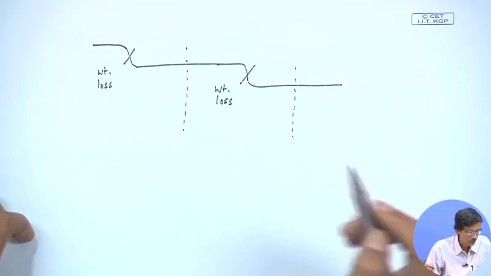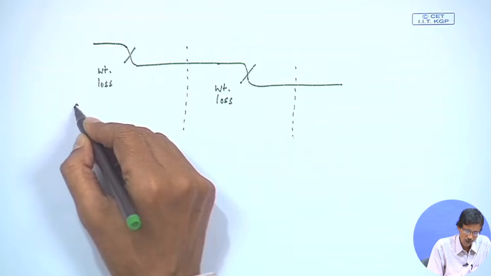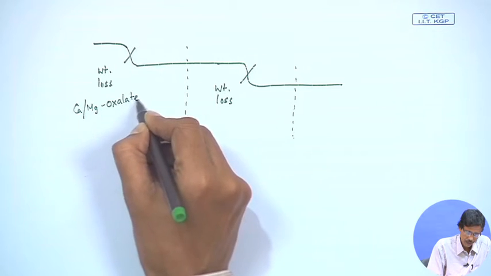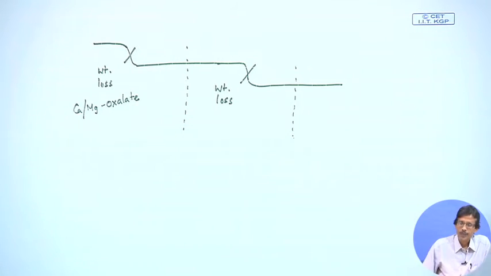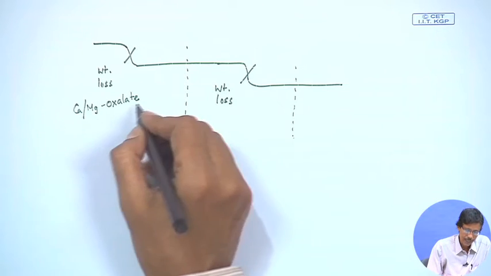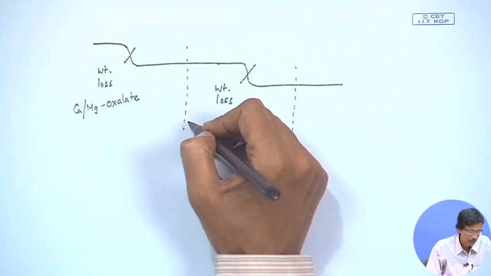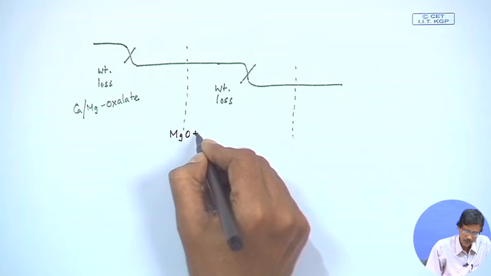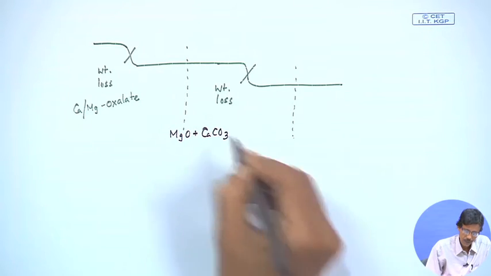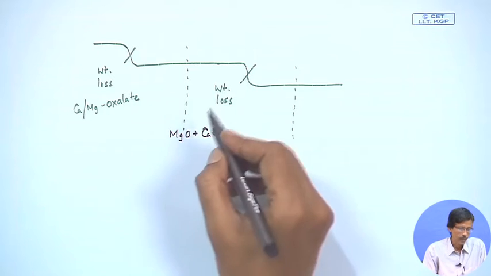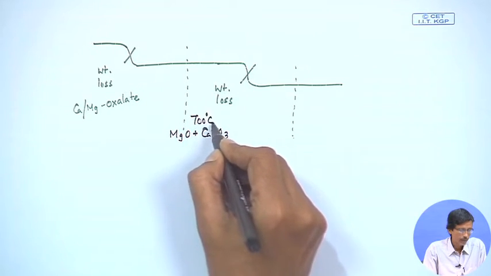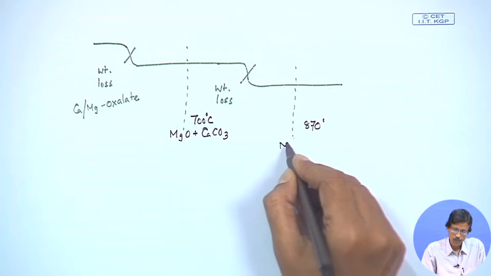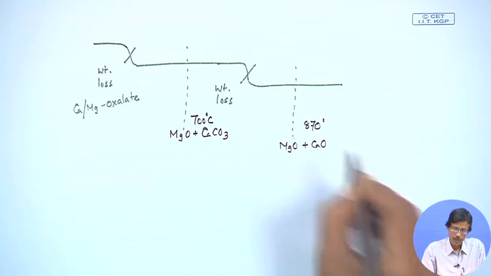At this temperature, we all know that if we have a mixture of calcium and magnesium oxalate, these will be decomposed, but at this particular point we have a mixture of magnesium oxide and calcium carbonate, because we know that at this temperature, which is 700 degree centigrade, and at the temperature of say 870 degree centigrade, we will have a mixture of magnesium oxide plus calcium oxide.